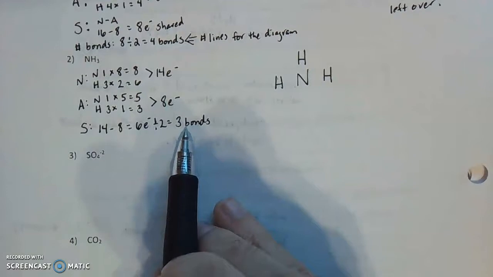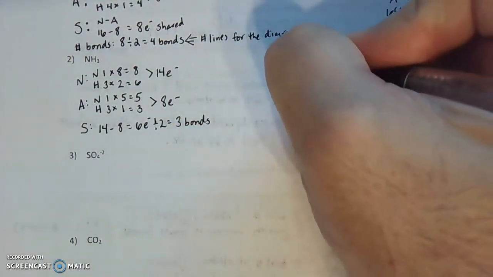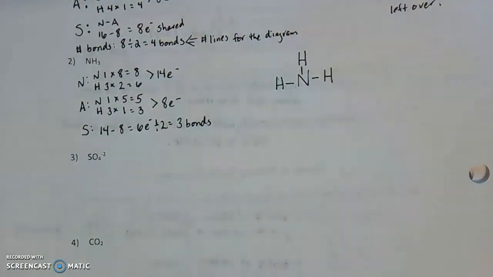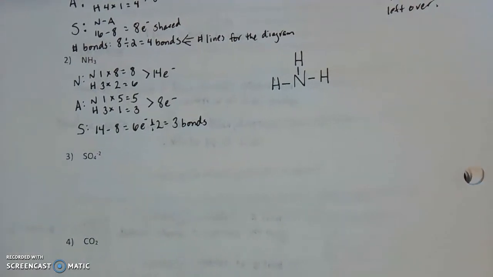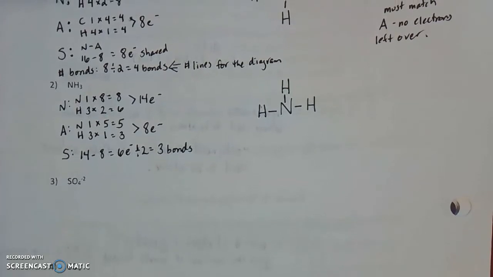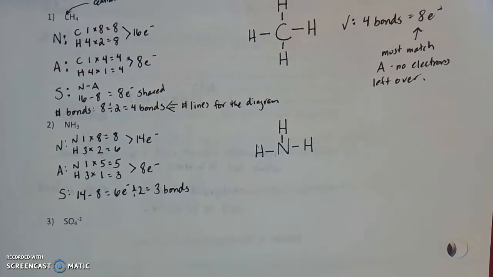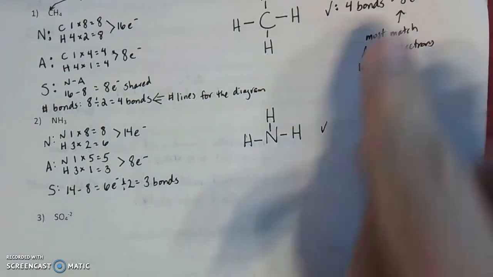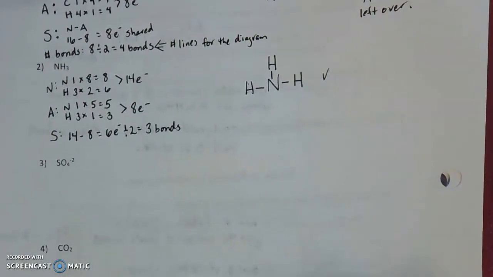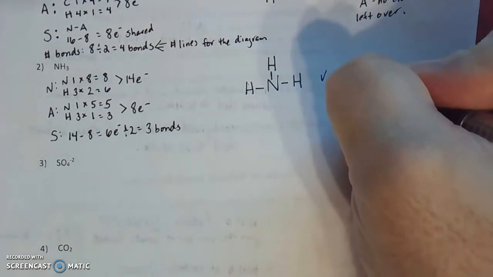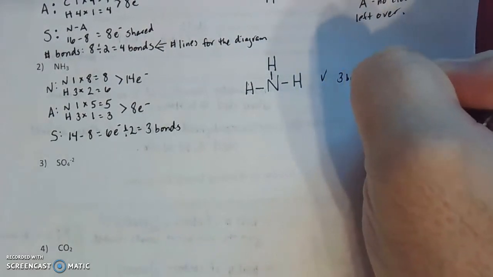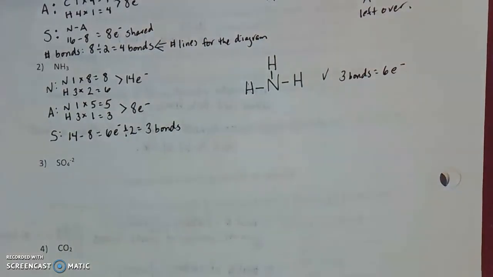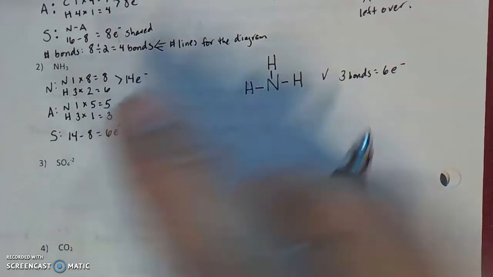We have 3 bonds, so we put them one at a time until they have to pair up again. We don't have any that have to pair up. And then we have to check to see if we have any electrons left over. So up here for our check, 4 bonds would be 8 electrons. So here we have 3 bonds, which are 6 electrons. Well, we had 8 available.